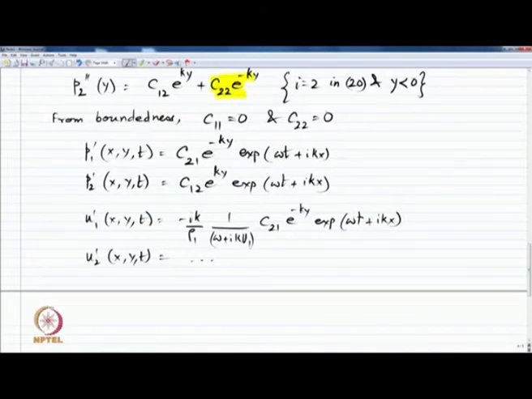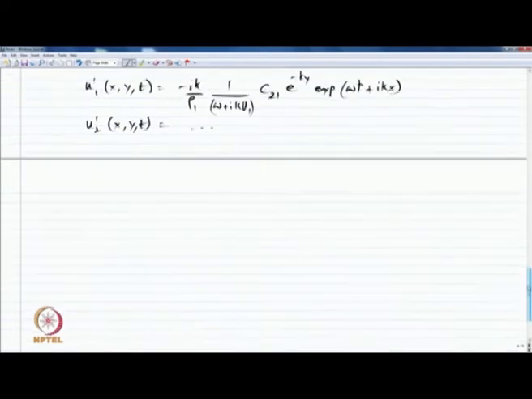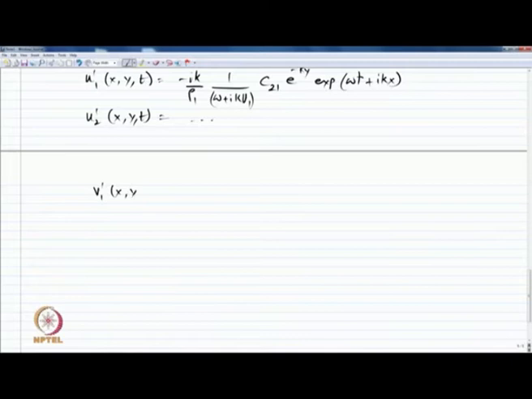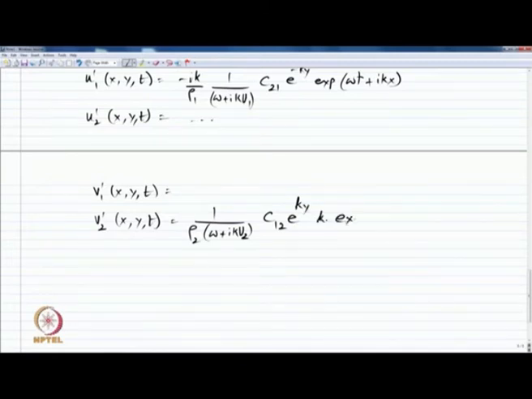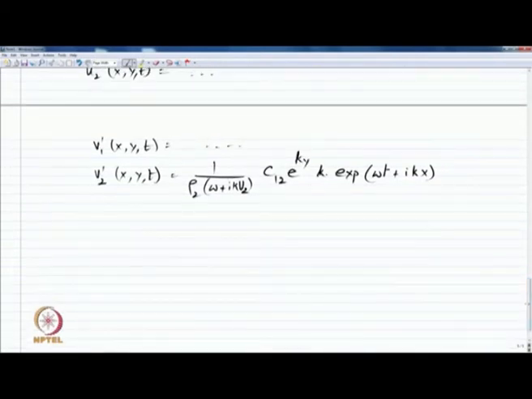So, now that we have u1 and V1, let us also write down V1 double prime, which would be analogous to V1 prime.